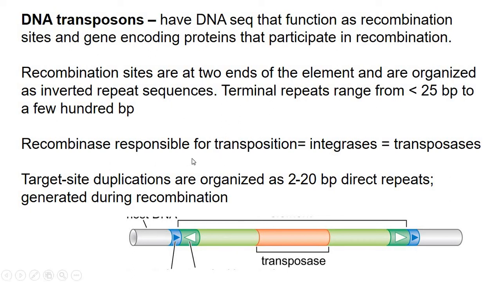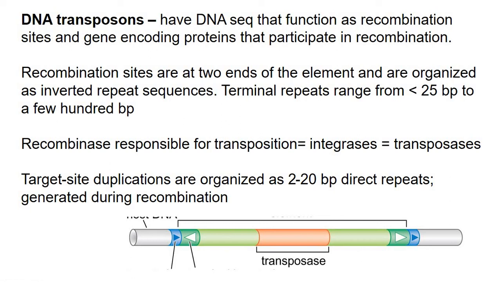This recombinase is responsible for transposition. It can be known as integrase or transposase. This is an enzyme that will bring these molecules together, the inverted repeat sequences together, and make a cut. Target site duplication, these target site duplications over here, these are 2 to 20 base pair direct repeats.